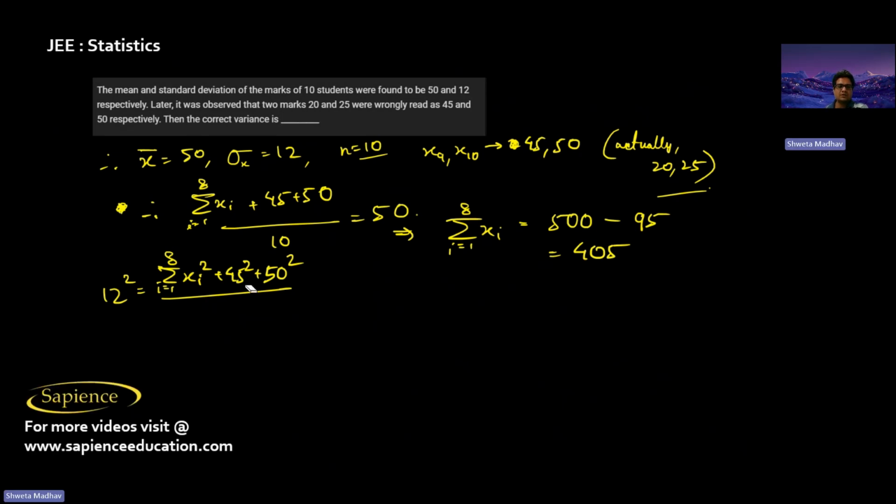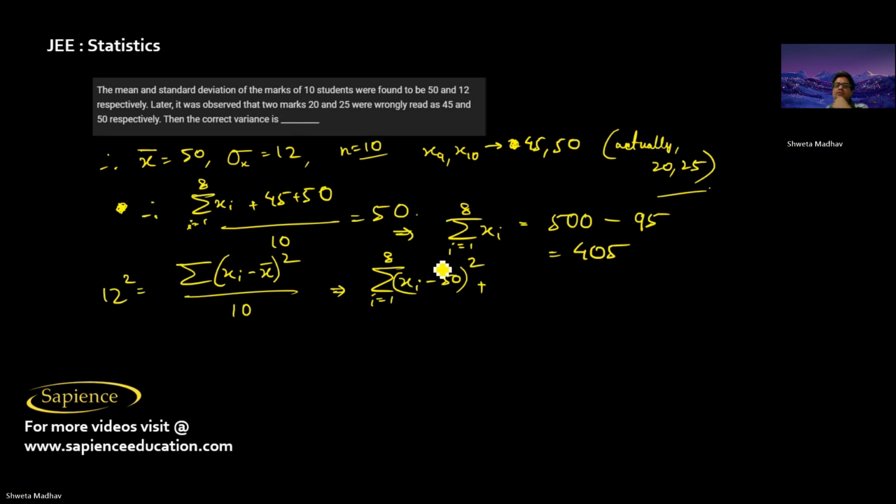Now variance we can also write as summation xi minus x bar whole square divided by 10. That means this will be summation xi minus 50 whole square, where i goes from 1 to 8, plus 45 minus 50, that is 5 square, plus 50 minus 50, that is 0 square, divided by 10, which is equal to 145.